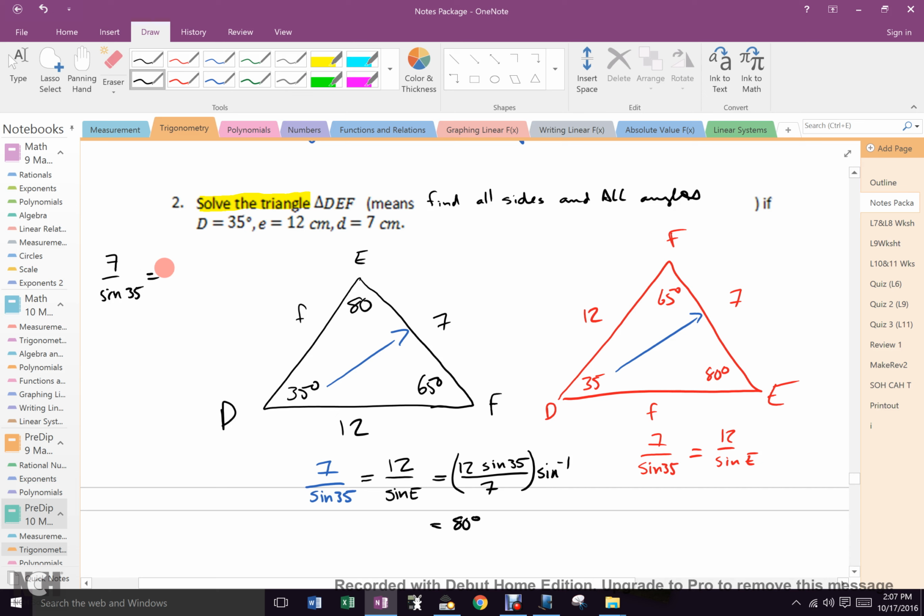So what goes here? I need F. So it's little f over sine 65. Multiply the pair. 7 sine 65 divided by sine 35. And that will get me F. F is a value, so there's no shift sine because it's the side. Cool? And you punch that into your calculator however you punch stuff into your calculator.